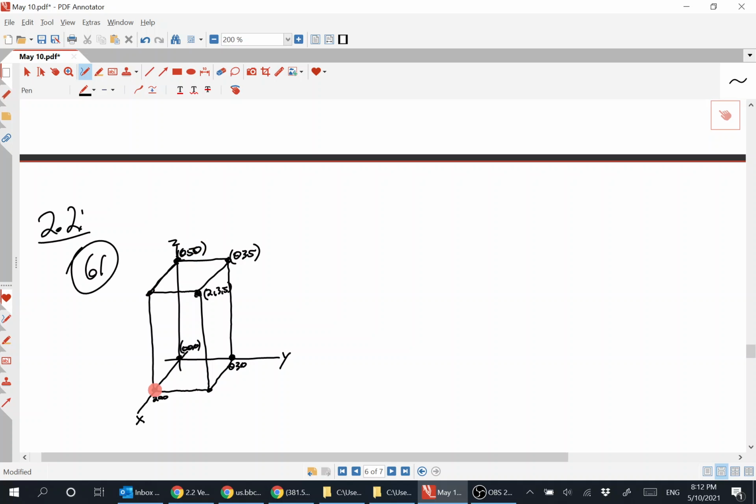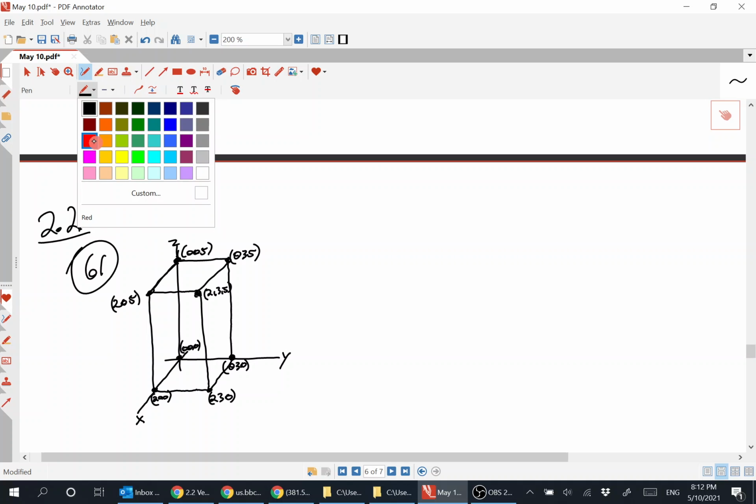And on the xz coordinate plane, the x and the z, here x and z, (2, 0, 5). And here, x and y, (2, 3, 0). And then this is (2, 3, 5).